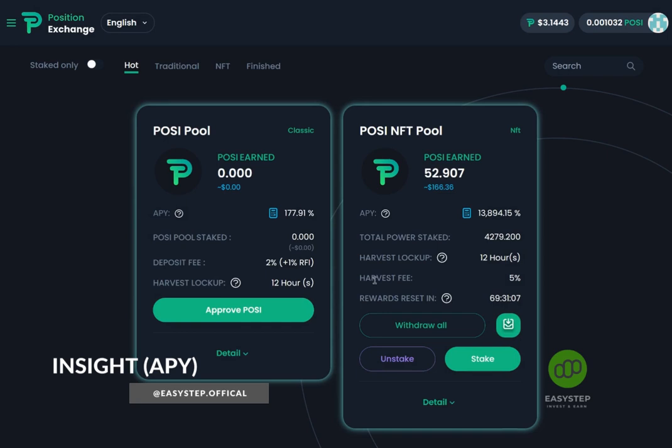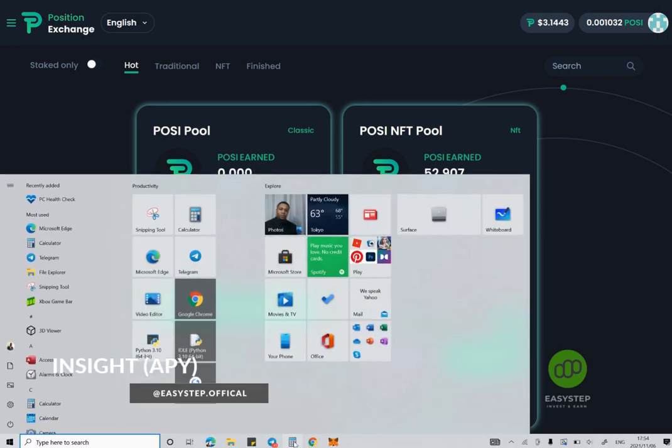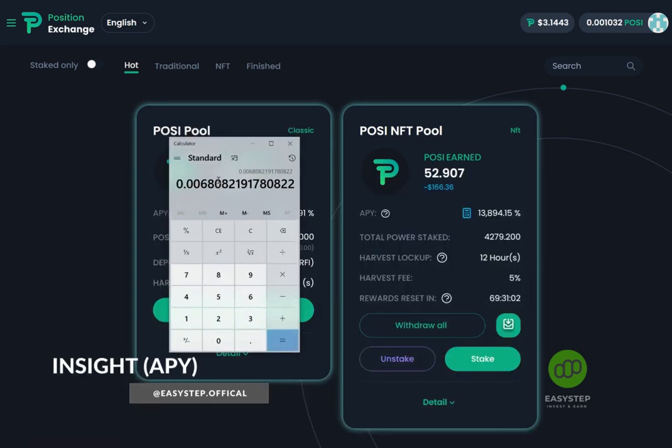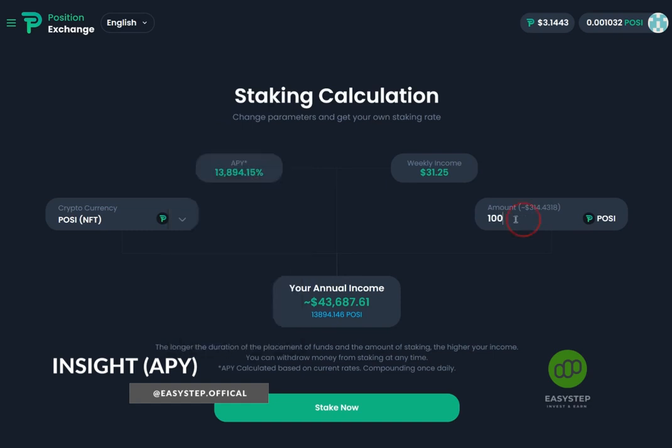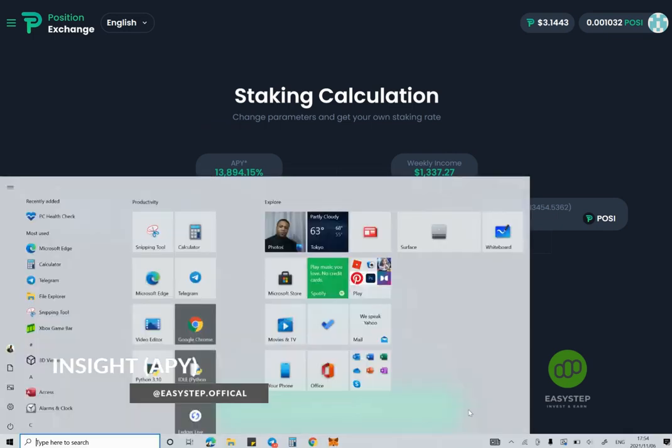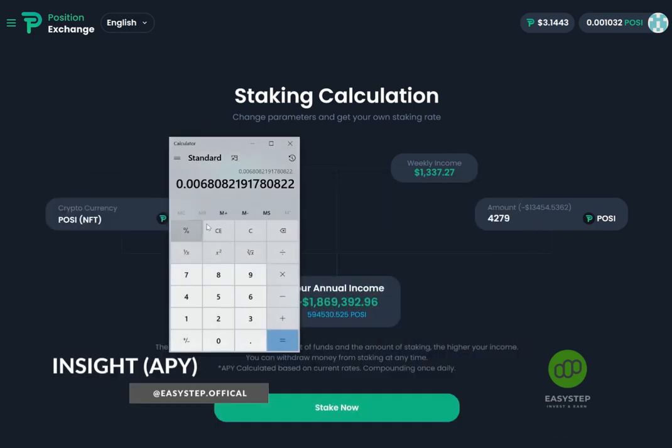But let's say that if the APY drops down, the daily to 0.0068, that means that I'll be making, if I have 4,279 tokens, my value is 13,454.